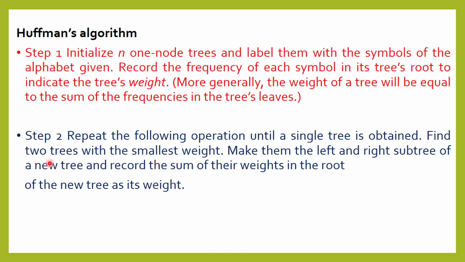To get the two trees with the smallest weight, it's always better to sort the n one-node trees in ascending order. Find the two trees with the smallest weight, and after that make them the left and right subtree of a new tree, and record the sum of their weights in the root of the new tree as its weight.